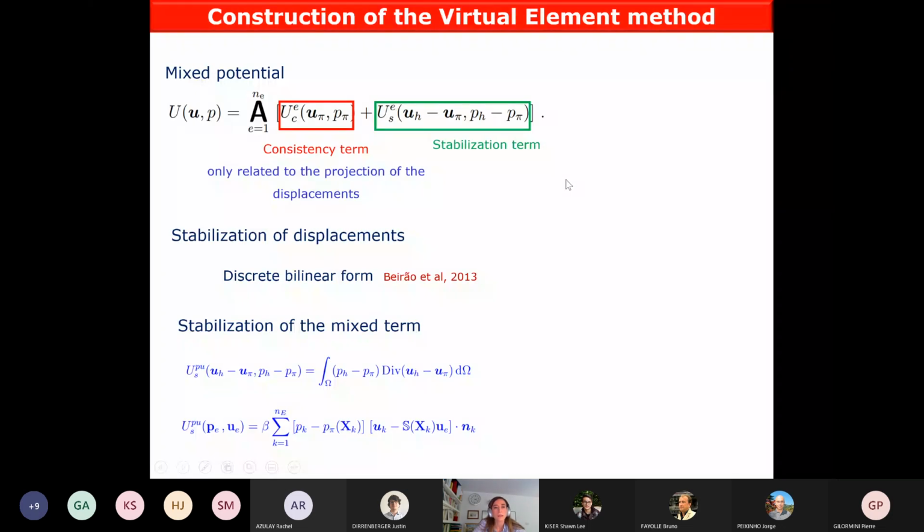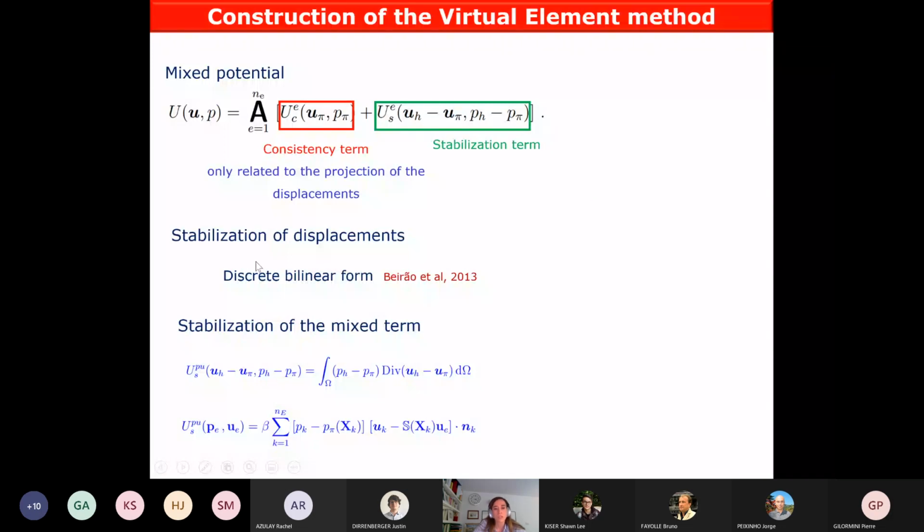And in this case, we have to deal with a mixed potential where both displacement and pressure appear. For the consistency term, we surely also have to deal with the stabilization of this method, and we have to stabilize both displacement and pressure this time.